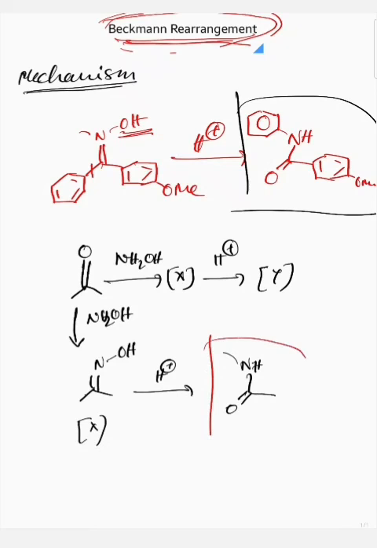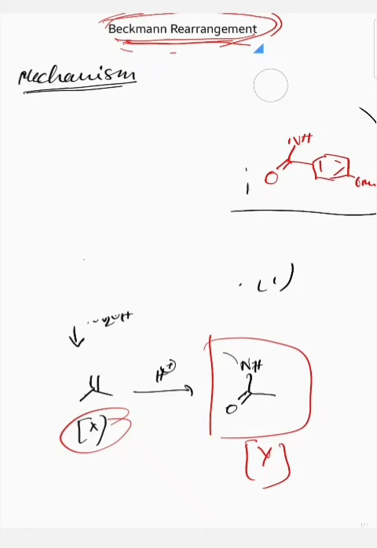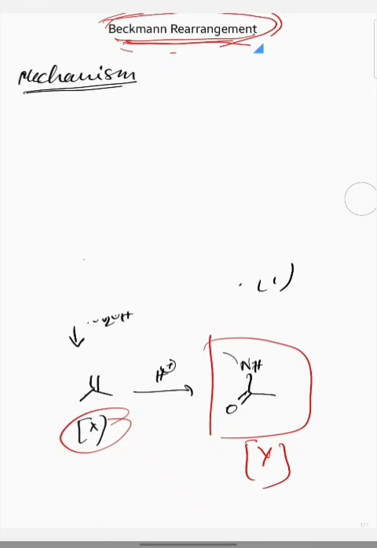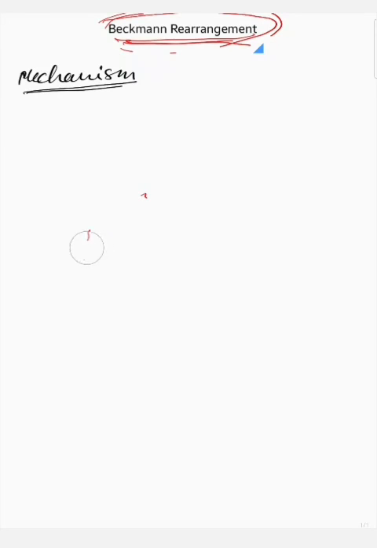So this will be our final product, this will be our Y, and this is our X. By that way, you can easily do any Beckmann rearrangement problem, just by removing the hydroxyl group, putting the trans group on the nitrogen, then putting a carbonyl group at the adjacent carbon to the nitrogen, and balancing the valency of nitrogen.